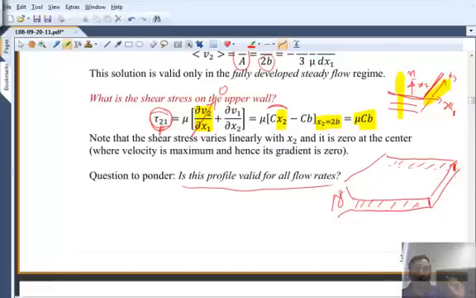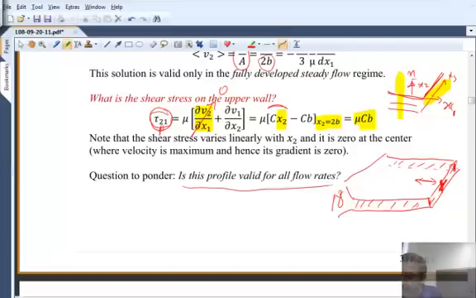If I measure the velocity profile right in the middle, that will agree very closely with what we predict, because as you approach the wall in this direction, you will get to zero velocity, so there will be a variation in the z direction. But in the middle of the section, there should not be any variation in the z direction. There should not be any variation in the x1 direction, which is this direction. So there will be only variation in the vertical direction, and you can predict that.